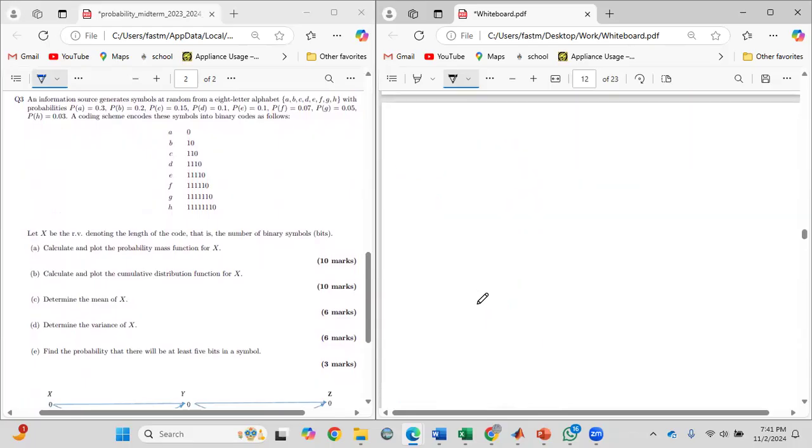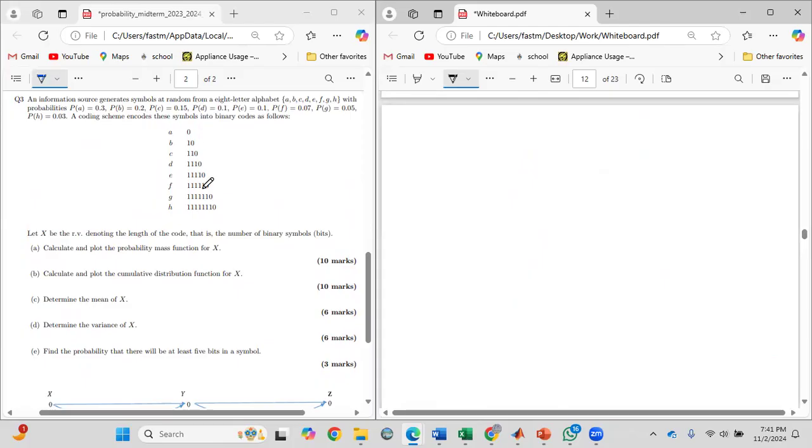So last one, which is a discrete random variable question. It's the same question from my tutorial, just scaled up a little bit. So same idea really, not really changed. Our information source generates symbols at random from an 8-letter alphabet, A to H, with probabilities, well, they give you all the probabilities from A to H. Our coding scheme encodes these symbols into binary codes.